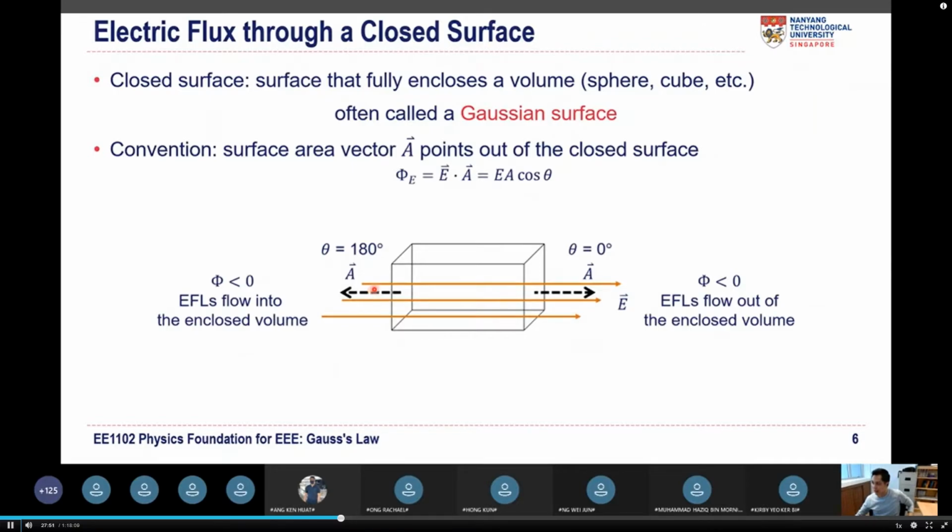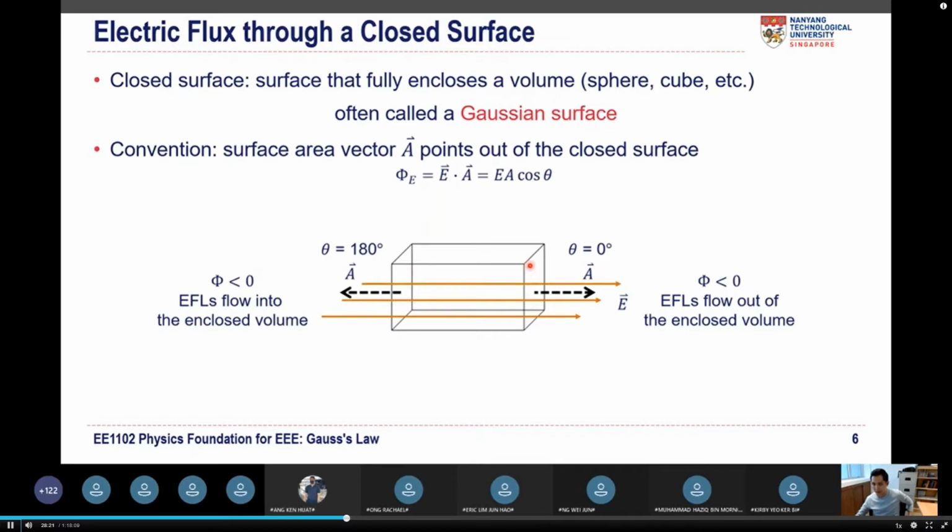Are we going to get a negative number or positive number in this case? Because electric field and A vectors are pointing in the opposite direction, we're going to get a negative number. We can also see it from theta being 180 degrees, because these are now in the opposite direction. When you substitute 180 here, cosine of 180 is -1, so we get a negative flux. So that whole part is going to be a negative flux.